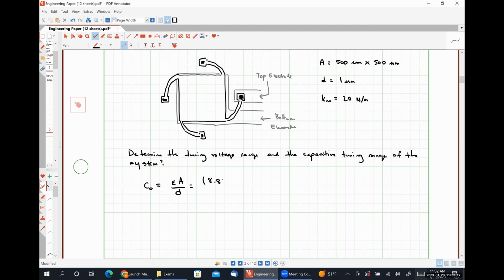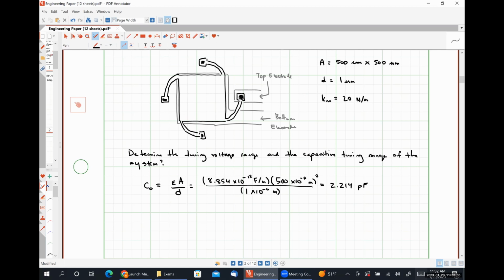That would be 8.854 times 10 to the minus 12 farads per meter times 500 times 10 to the minus 6 meters, quantity squared, divided by 1 times 10 to the minus 6 meters. And this gives us a nominal capacitance of 2.214 picofarads.